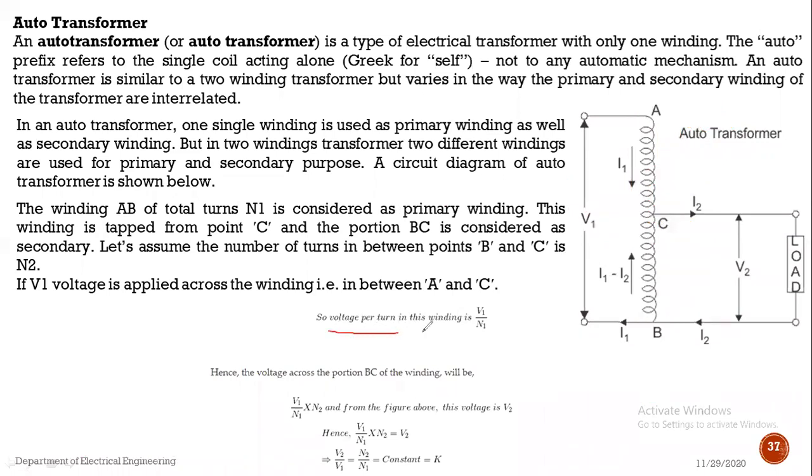So the voltage per turn in the winding is V1 divided by N1. प्रत्येक टर्न्स मधलं जे काही व्होल्टेज असेल V1 divided by N1.